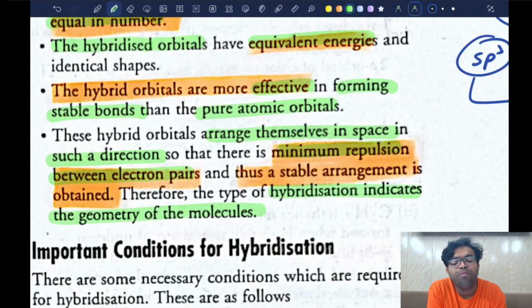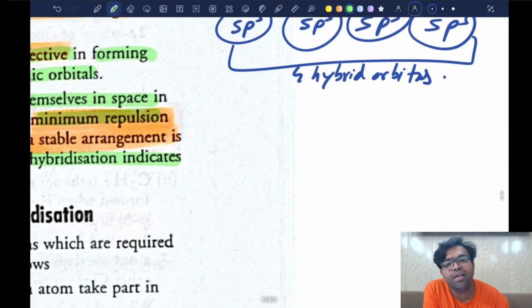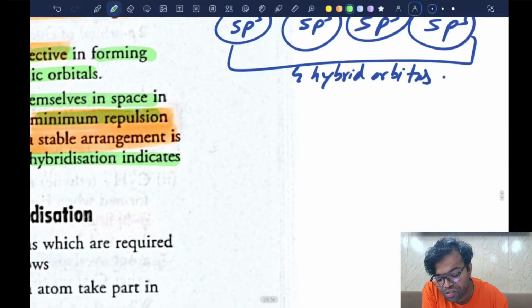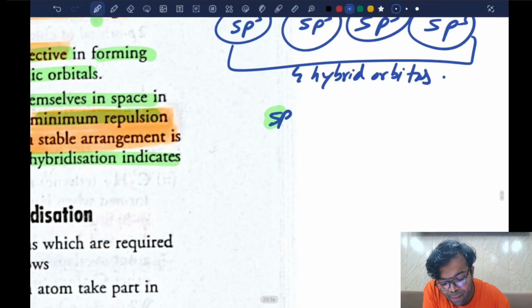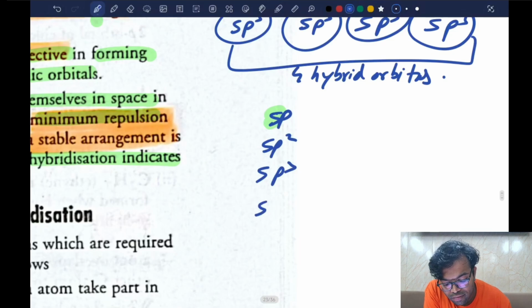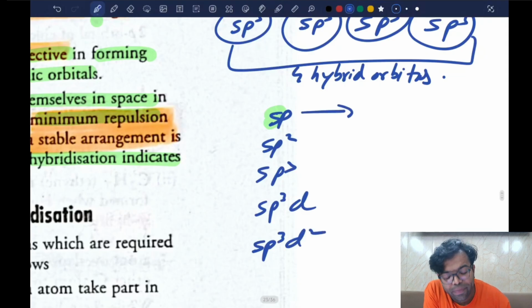Therefore, the type of hybridization indicates the geometry of the molecule also. We are going to discuss some of the hybridizations in this chapter. You have sp, sp2, sp3, sp3d, and sp3d2. sp hybridization is called a linear hybridization. sp2 is called a trigonal planar hybridization. sp3 is known as a tetrahedral hybridization.